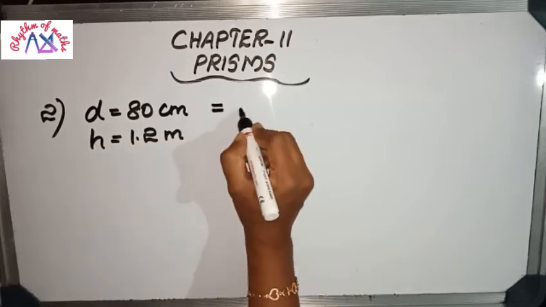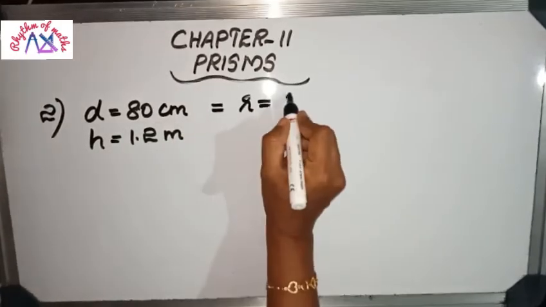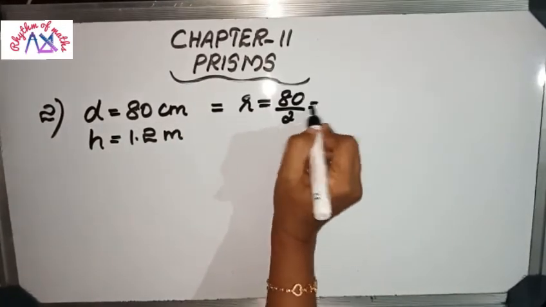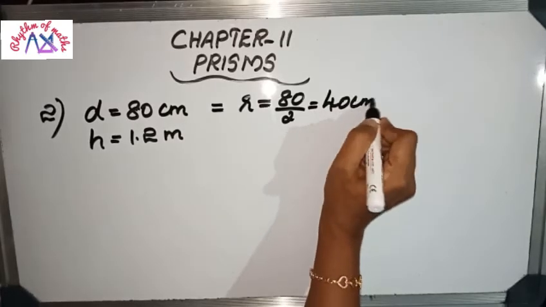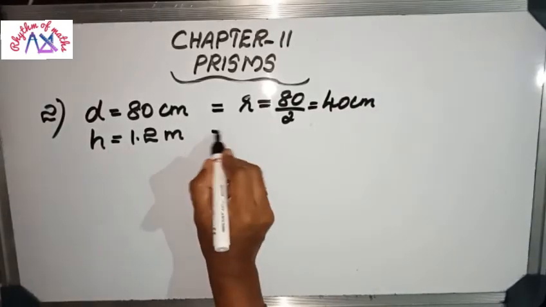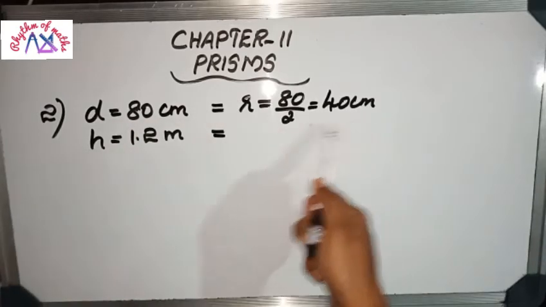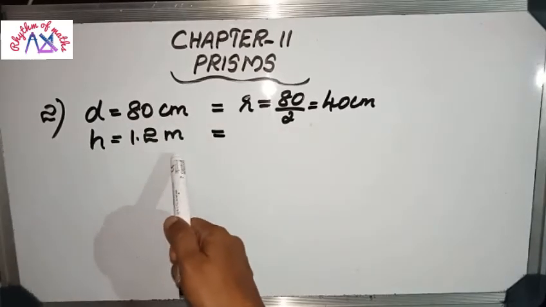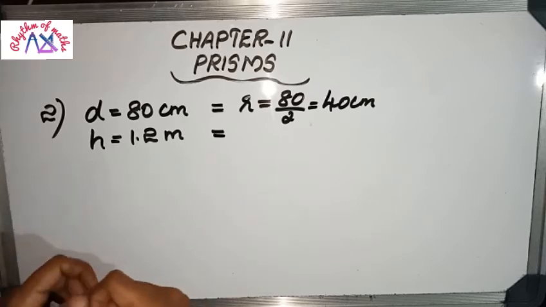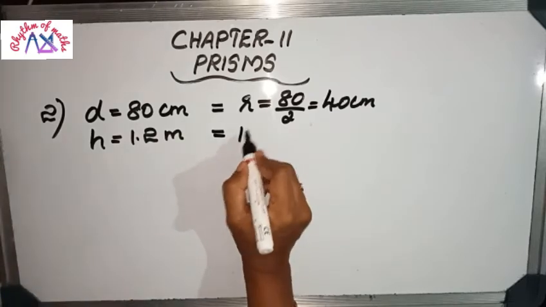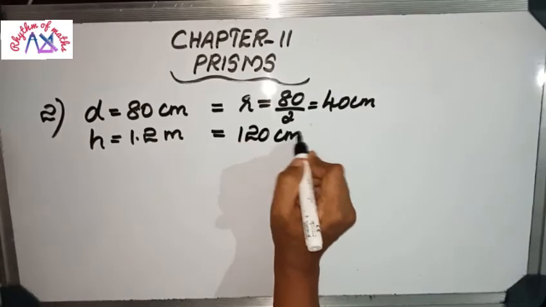First of all, let's find the radius. So here the radius will be 80 by 2, that is 40 centimeters. Now here the height is given in meters. Since we already have the radius in centimeters, let's convert that 1.2 meters into centimeters. So 1.2 meters means it is 120 centimeters.